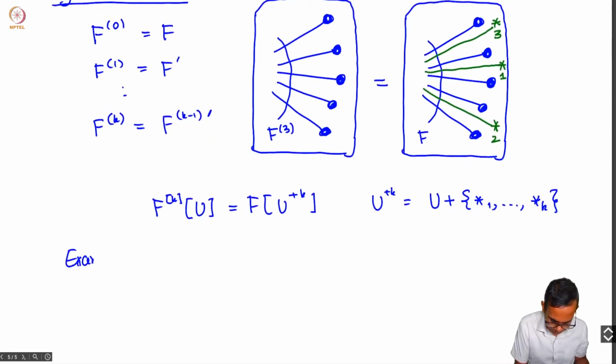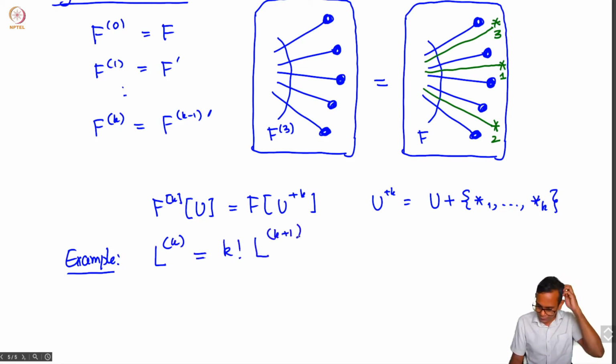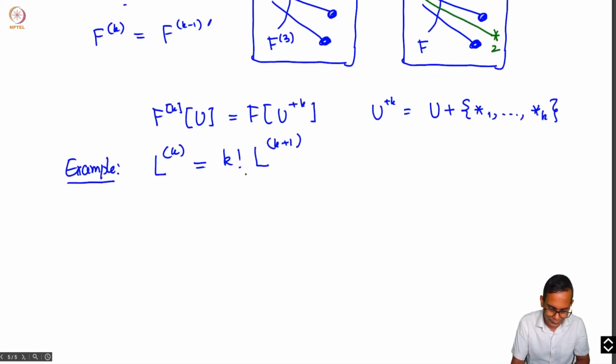Example: the kth derivative of L is k factorial L to the power k plus 1. You can work this out using induction and see that this is true. I'll leave it as an exercise.